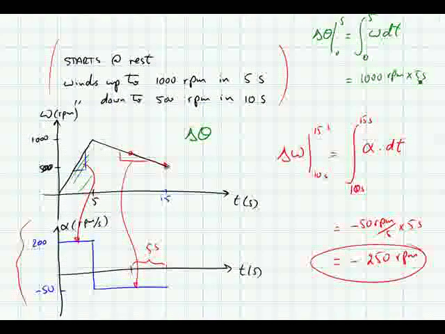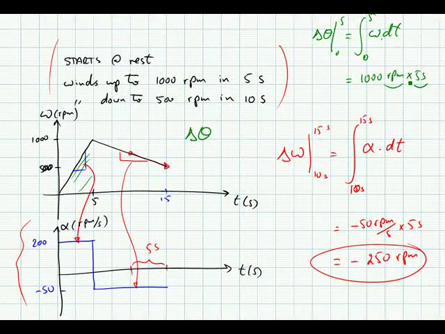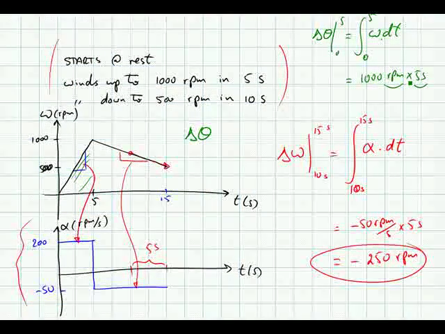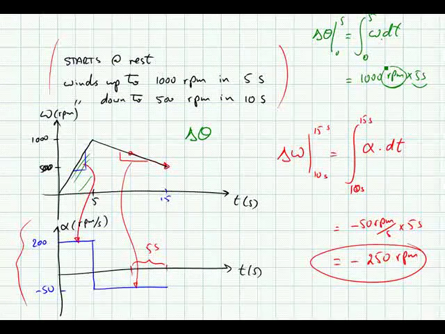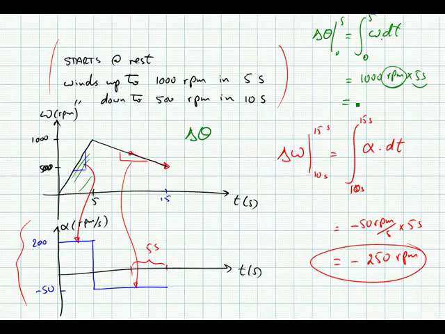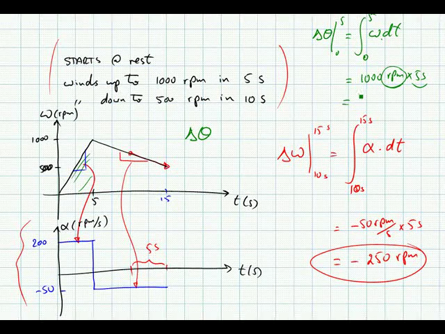Now here is something you need to be careful of: we're mixing units. We have revolutions per minute and we have seconds. So you need to convert RPM to revolutions per second, and to do that you simply divide by 60, since there are 60 seconds in a minute.